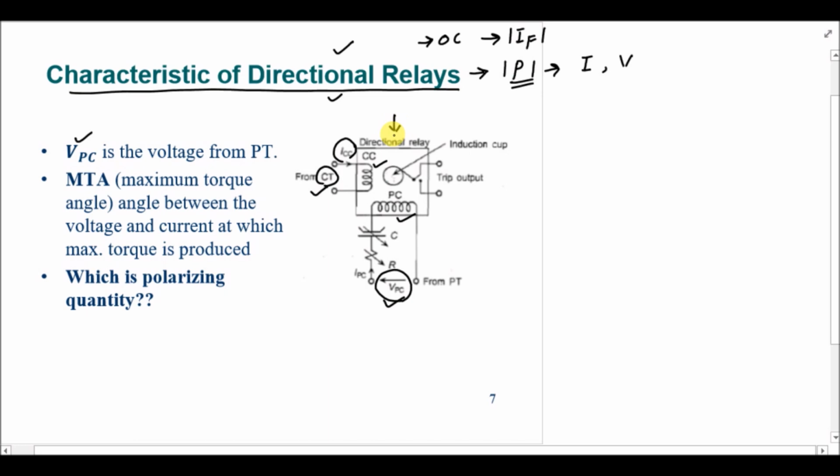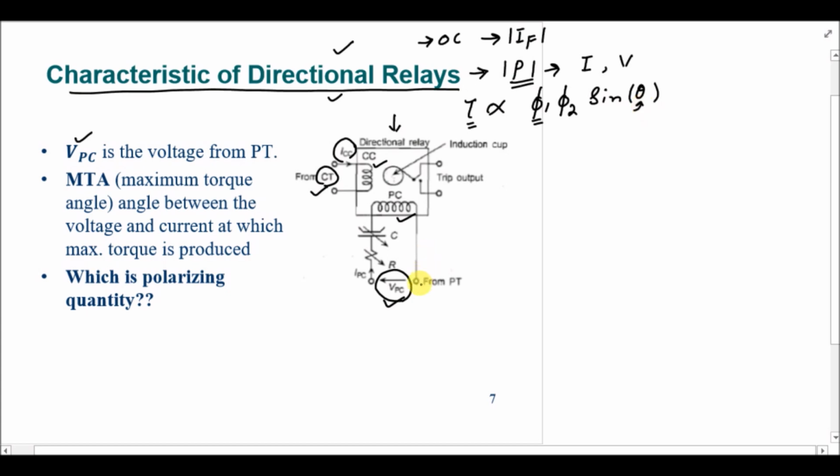If you remember from the overcurrent disk type relay, the mechanical relay that we discussed in detail previously, there is the requirement of two different fluxes, phi 1 and phi 2, and they should have an angle of theta between them in order to produce some torque.